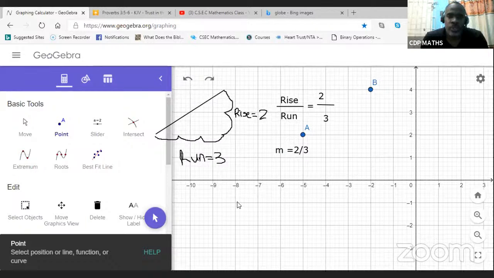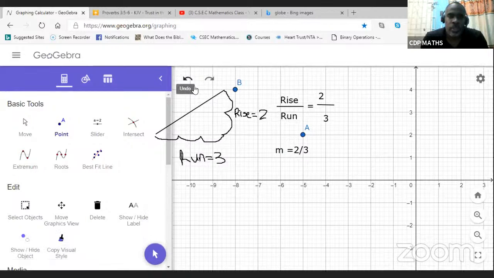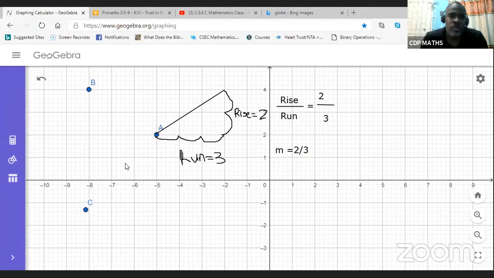I'm trying to plot a point. I'm going to be moving this point. I want to move the point C. Now I want the gradient from A to C. That's going to be too easy.